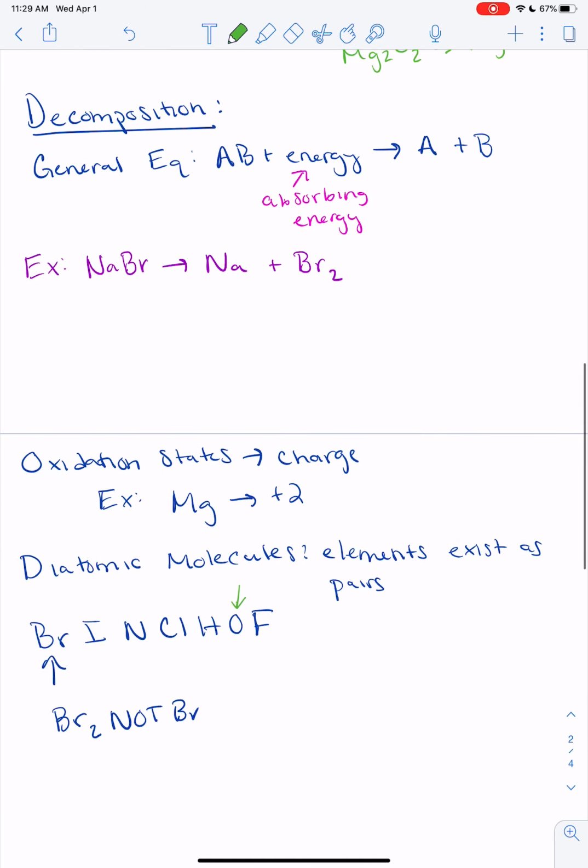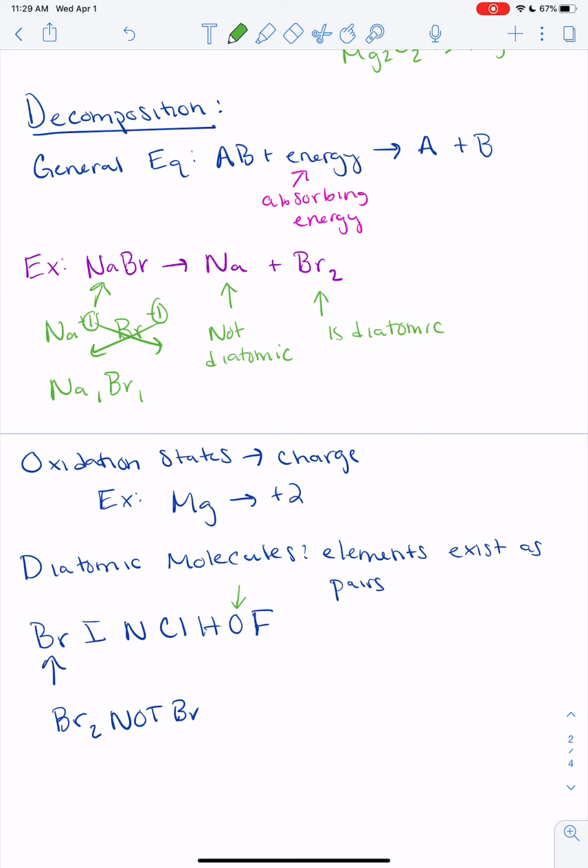Now let's look at the other one. All right, how did we get that NaBr? Well, sodium has a charge of +1, bromine has a charge of -1. We switch our numbers, and we get Na1Br1. Great. Then we look over here, and we say sodium is not diatomic, and bromine is diatomic.